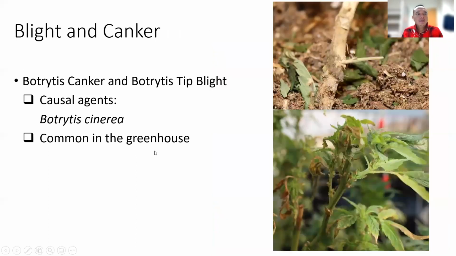Okay, next we have blight and canker disease. We have Botrytis canker and Botrytis tip blight. This disease is caused by Botrytis cinerea, and this pathogen is also called gray mold. This pathogen is an opportunistic pathogen that can attack the weak part of the plants or the injured part of the plant.